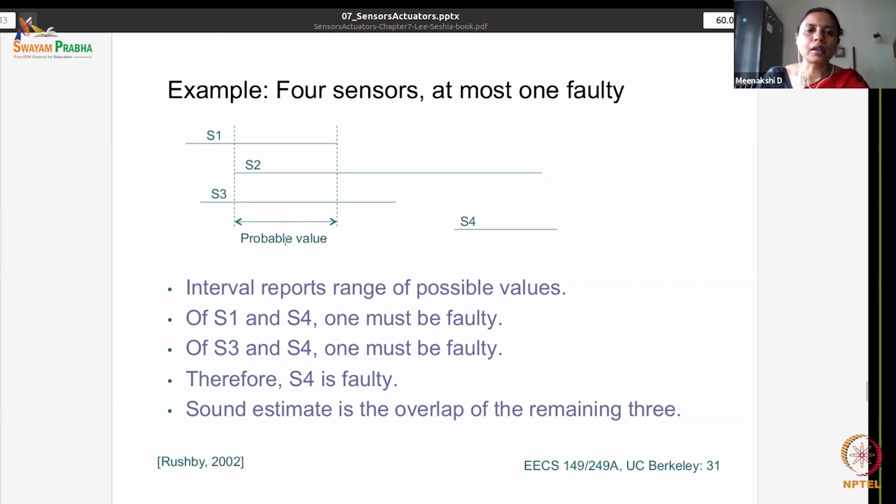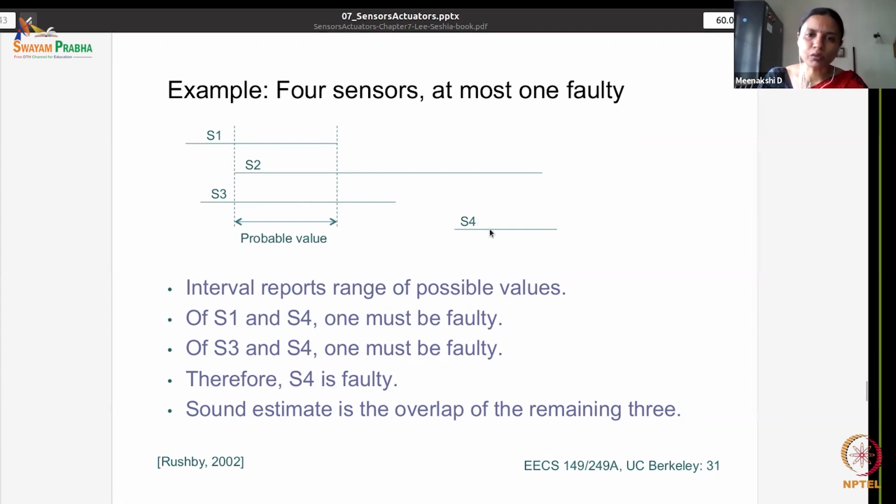So clearly, sensor S4 is way out of range. S1 is partly out of range. S2 to start with is okay, later gets out of range. S3 to start with is slightly out of range, gets into the range, and then goes out of range. So these are the interval reports of the range of possible values.